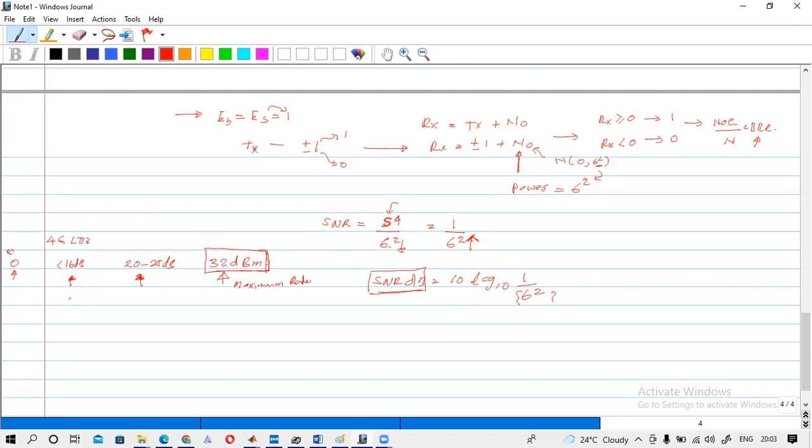If the SNR dB is a minus value, your signal power is much less than the noise power, and no communication happens. We should have at least 16 dB SNR for a good, appropriate communication.